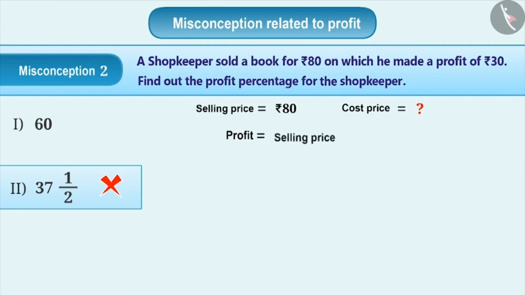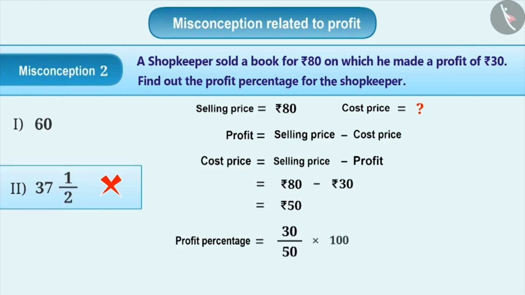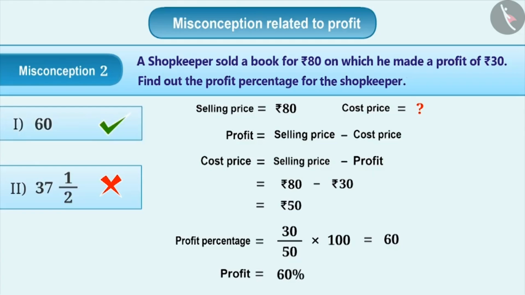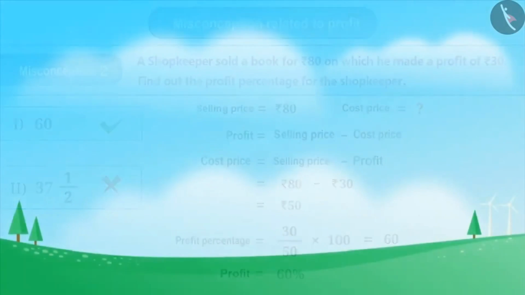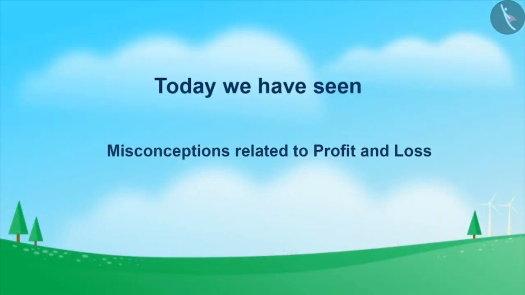Since cost price is equal to selling price minus profit, which is equal to 80 rupees minus 30 rupees, which is equal to rupees 50. Therefore, profit percent is equal to 30 by 50 into 100, which is equal to 60. This means the profit is 60% and your correct answer is option 1. Today, we have seen some misconceptions related to profit and loss.